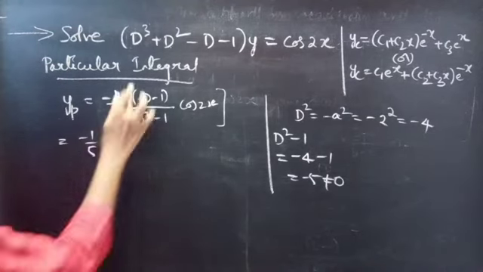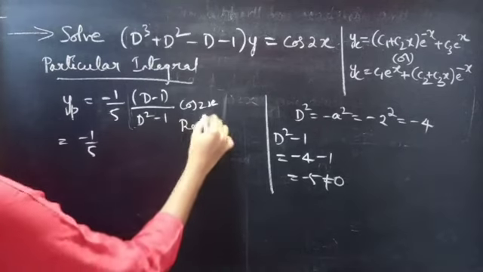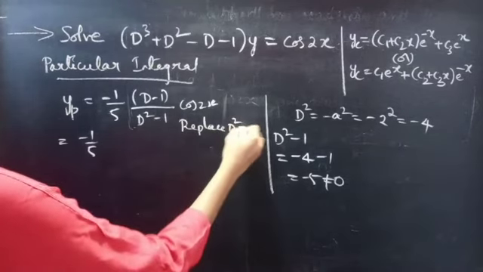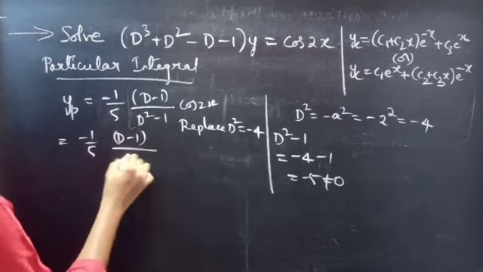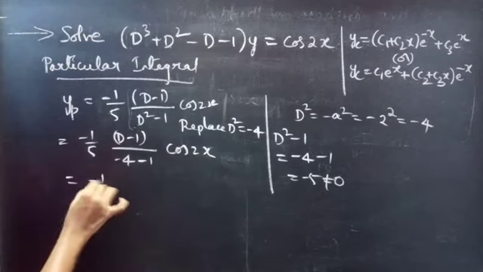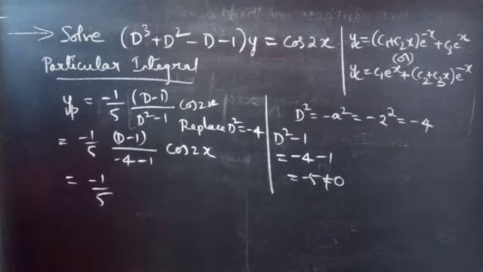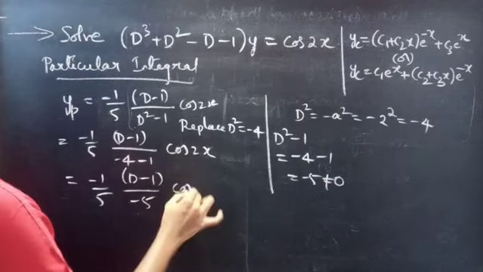Now let's replace D square by minus 4. Then we'll get (D minus 1) by (minus 4 minus 1) into cos 2x, which equals minus 1 by 5 into (D minus 1) by minus 5 into cos 2x.